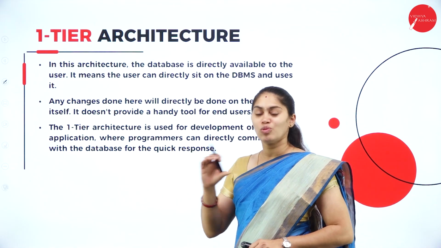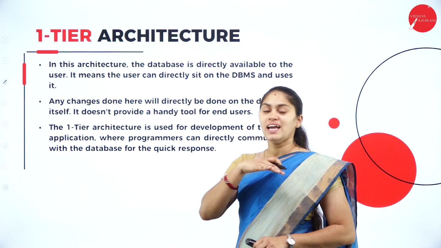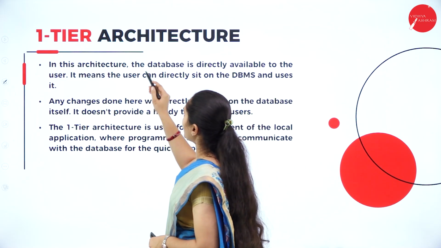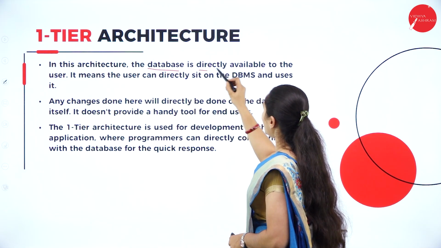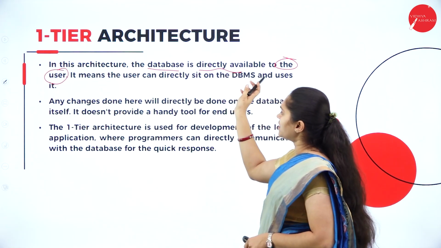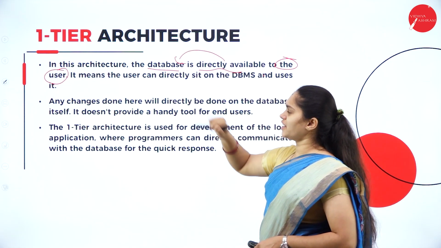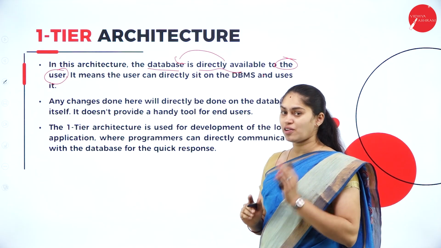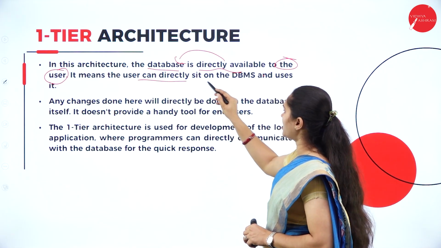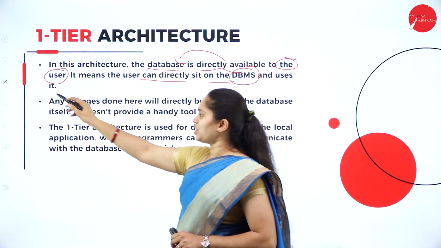As the name indicates, 1 tier. There is no other interface between the client as well as the server. In this architecture, the database is directly available to the user. Very important. I can have direct access to the content of this database if we are following this 1-tier architecture, so the user can directly sit on the DBMS and use it.